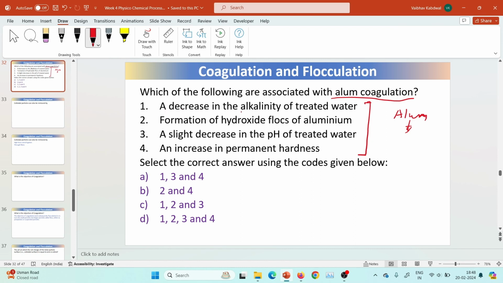A decrease in alkalinity of treated water. What happens? I will tell a little bit. Alum reacts with alkalinity.